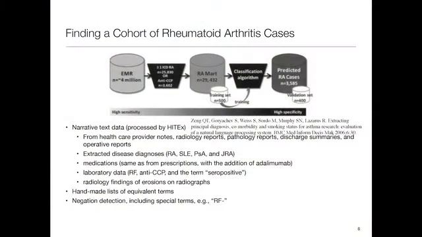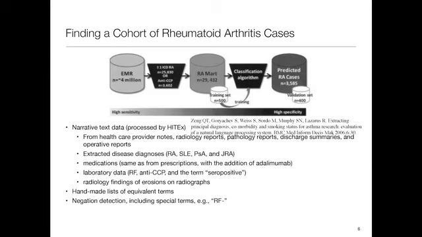And then for the narrative text, we used a system that was built by Qing Zheng and her colleagues at the time. It was called High Tech. It's definitely not state of the art today, but this was a system that extracted entities from narrative text and did a capable job for its era.